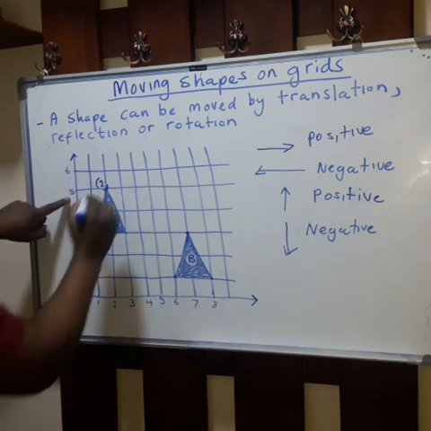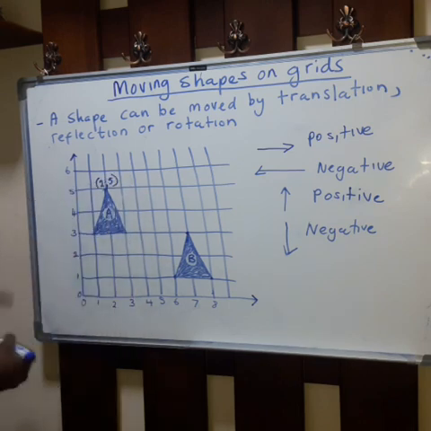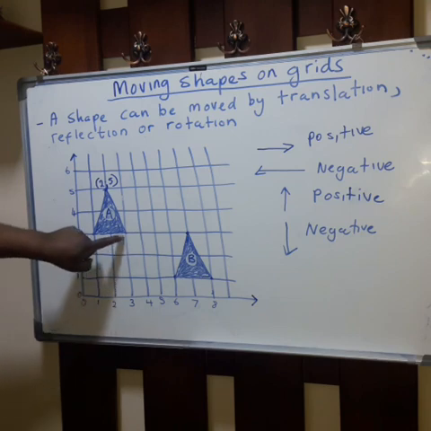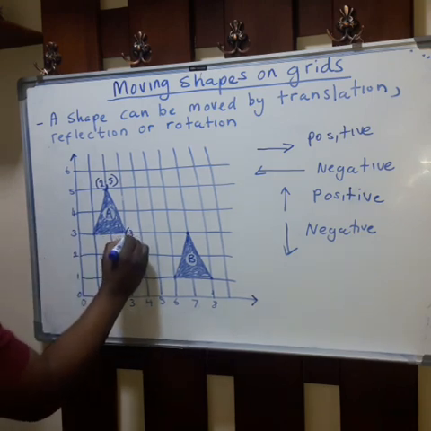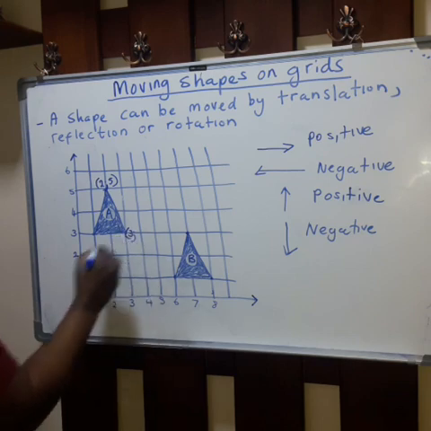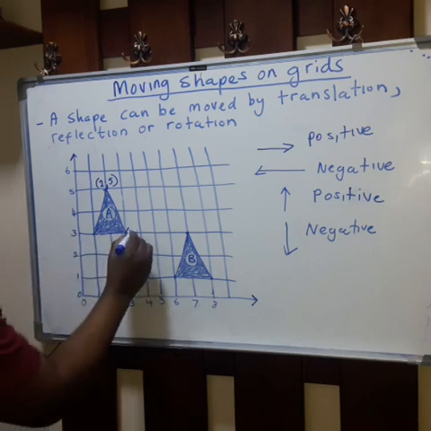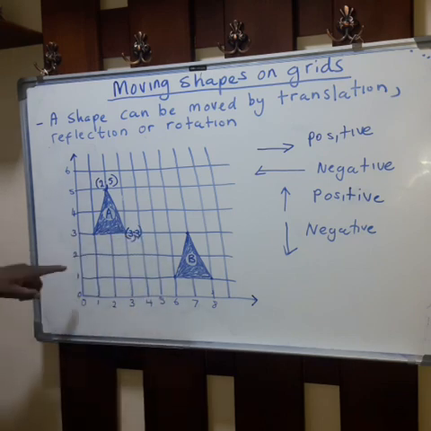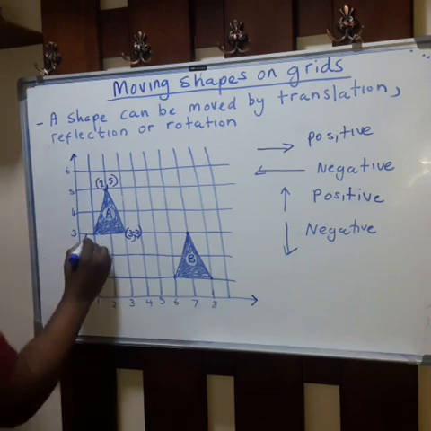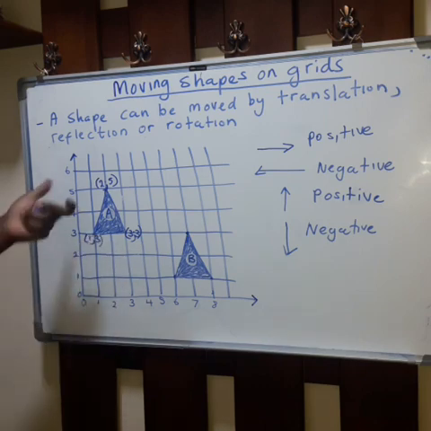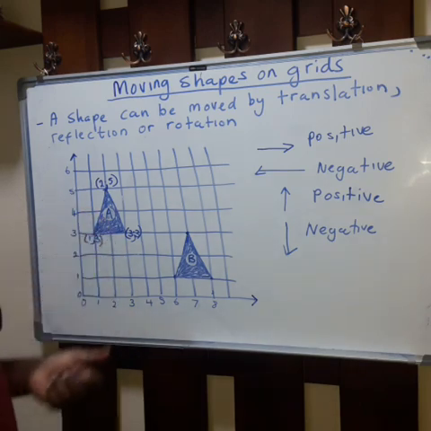Then my y value is 5. Then I will focus on this one. The x value is 3. And the y value is also 3. This other corner, the x value is 1. The y value is 3. So these are the coordinates for shape A, okay?